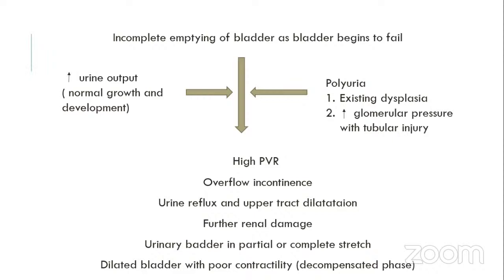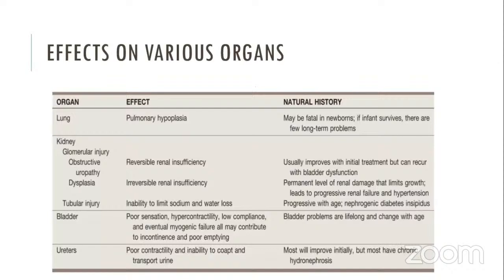There are certain effects on various organs, like the lung due to hypoplasia, which is the most common cause of death in posterior urethral valves. In the kidneys, glomerular injuries will happen, leading to obstructive uropathy.